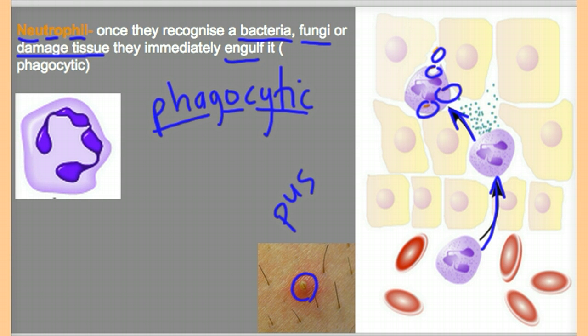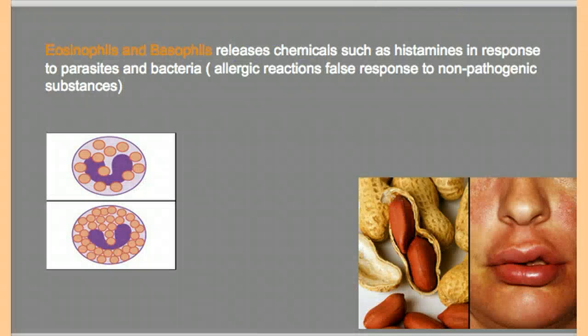And that is the whitish substance you'd normally see when you have acne or somebody has a cut or is trying to scrape something. It's basically inflammation coming out of your skin. And that is because these neutrophils, as soon as they engulf a bacteria, fungi, or damaged tissue, will die themselves.